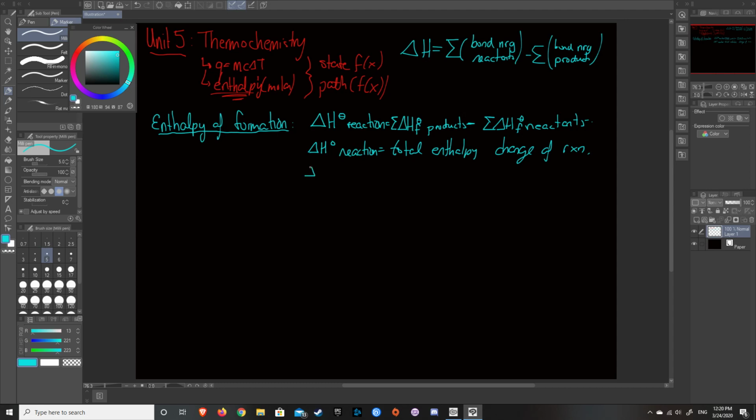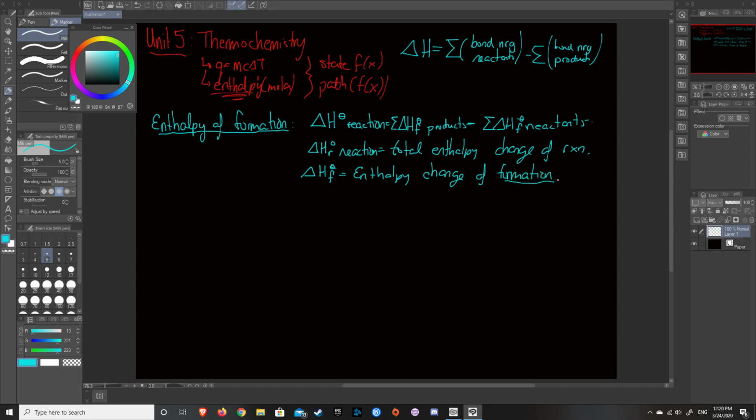So that's typically an R here, delta HR or delta H reaction. Delta HF naught is the enthalpy change of formation.